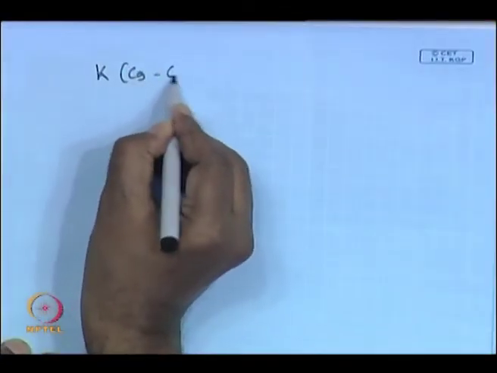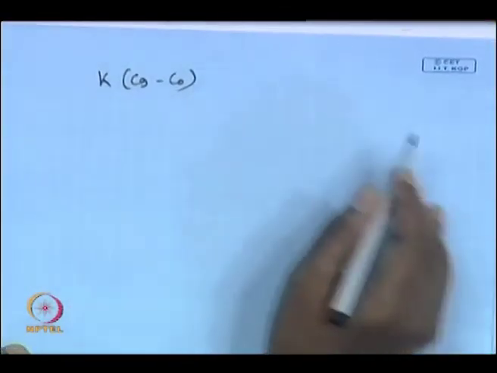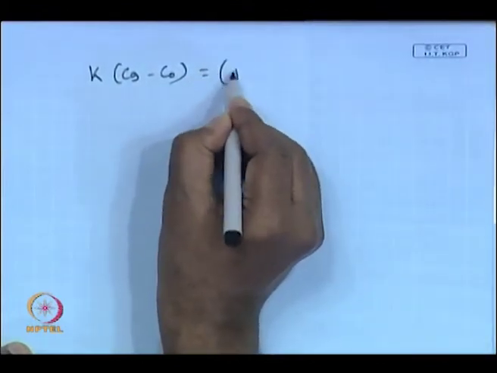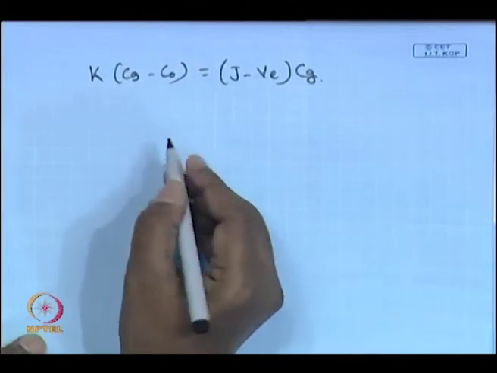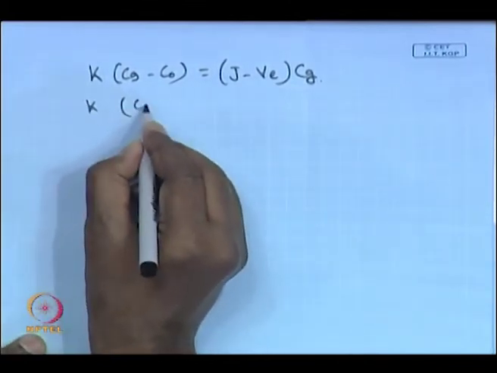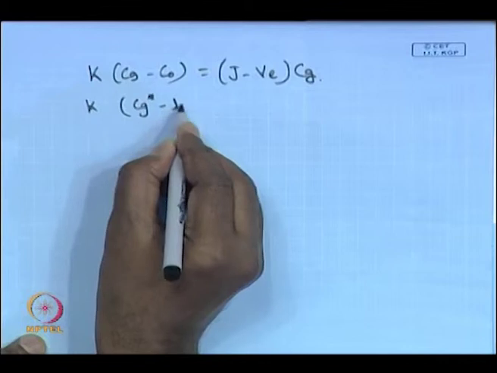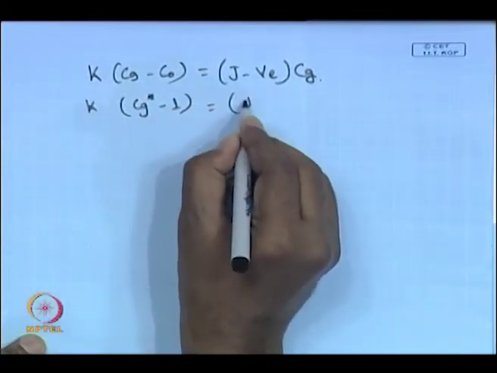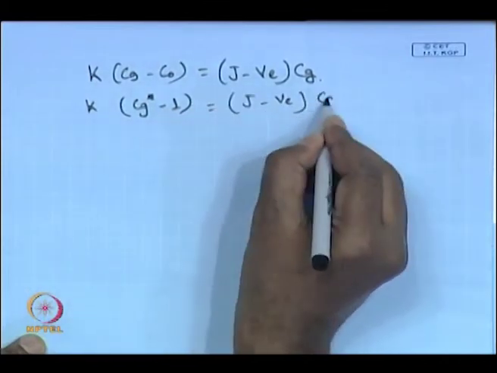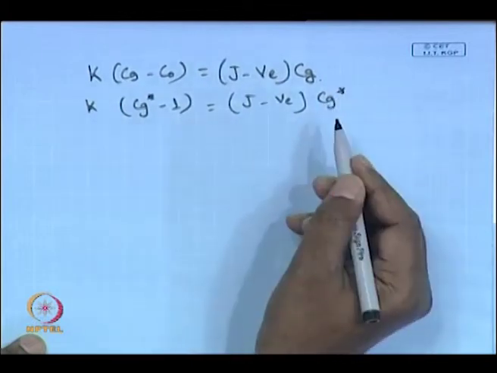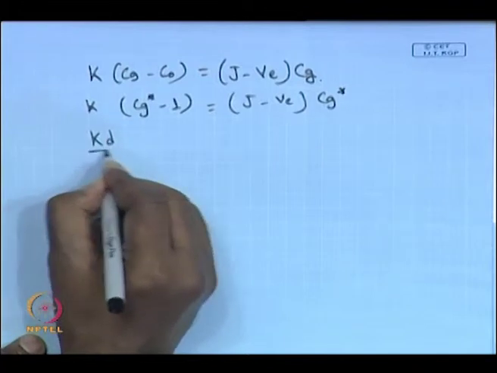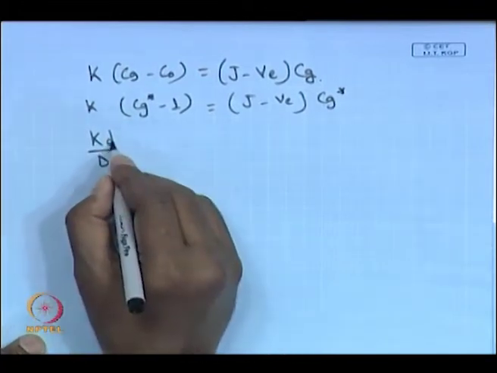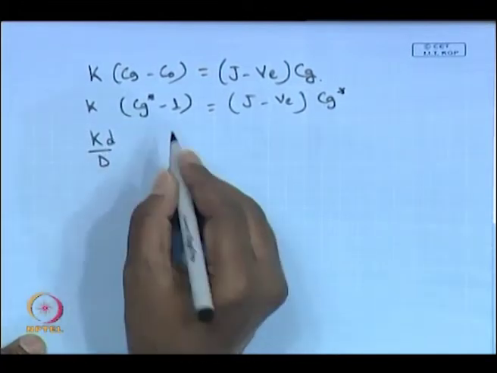So, you will get k (Cg minus C naught) equal to J minus V Cg. Make it non-dimensional, that means divide by C naught, and then multiply by the diameter d divided by the diffusivity D on both sides.